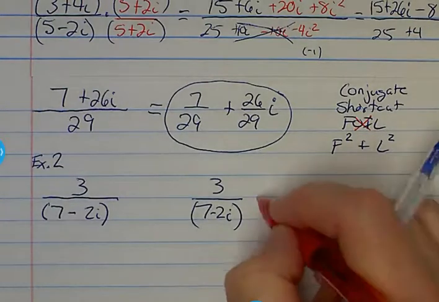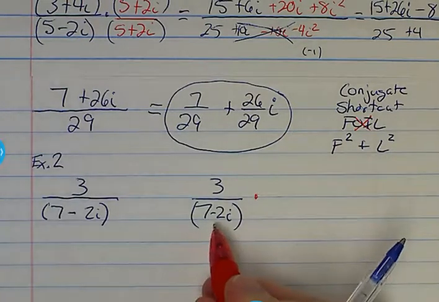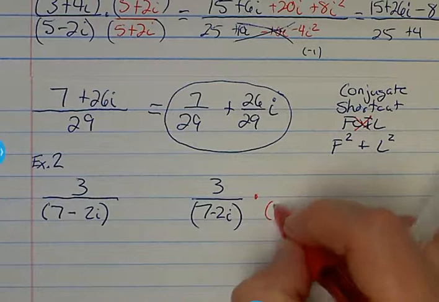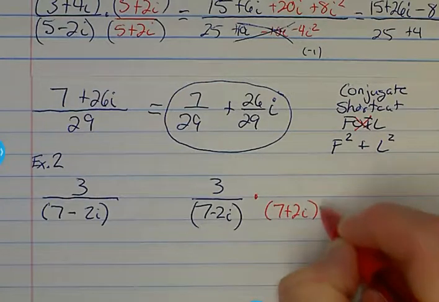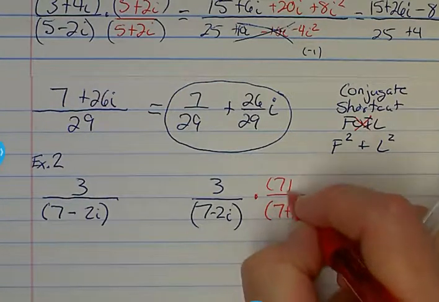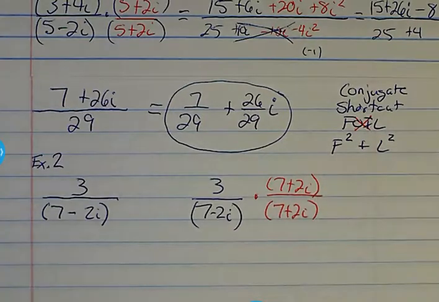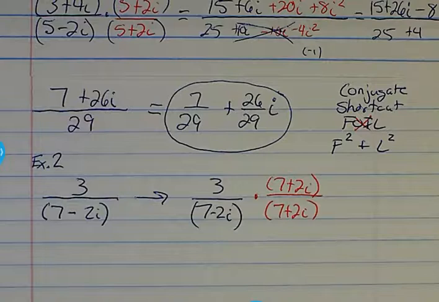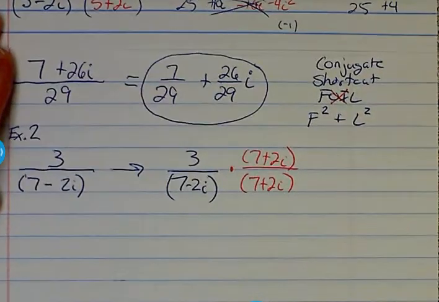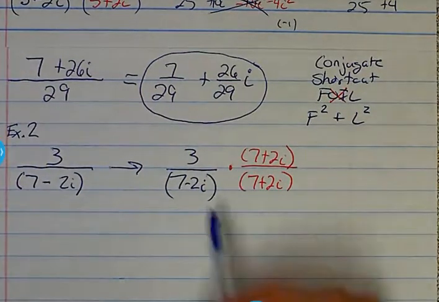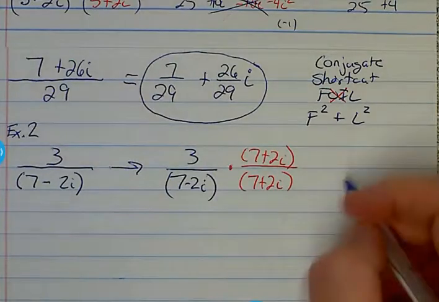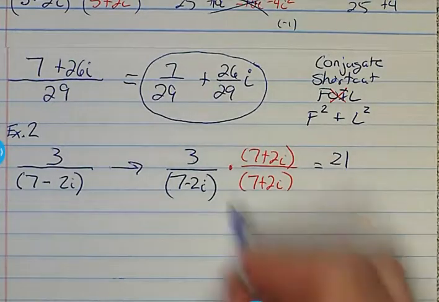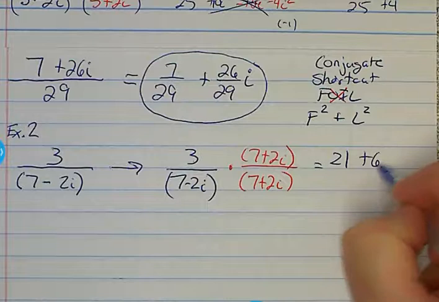Okay, so all we're going to do is multiply by the conjugate and just change that minus sign to a plus. Okay, and this one will go a whole lot faster than that last one did, because on the top part, it's just the distributive property. It's 3 times 7 for 21, and it's 3 times 2 for 6i.